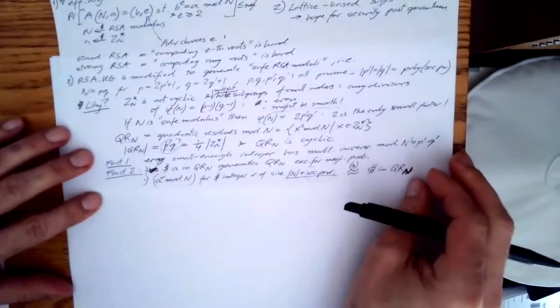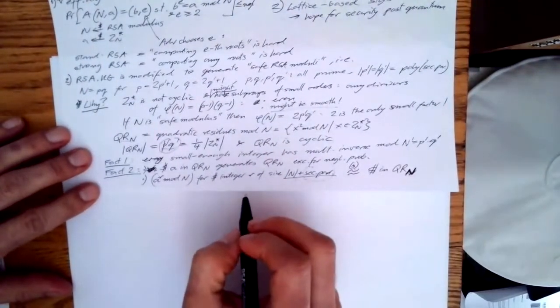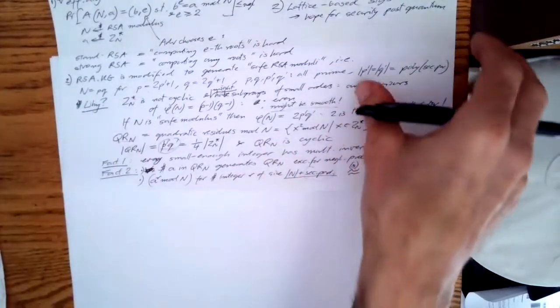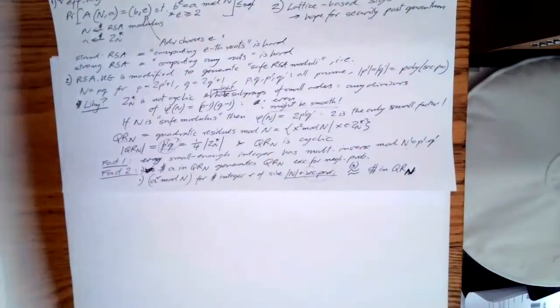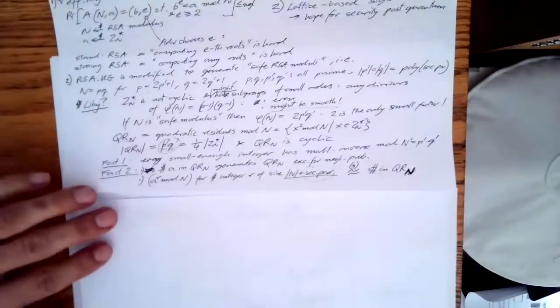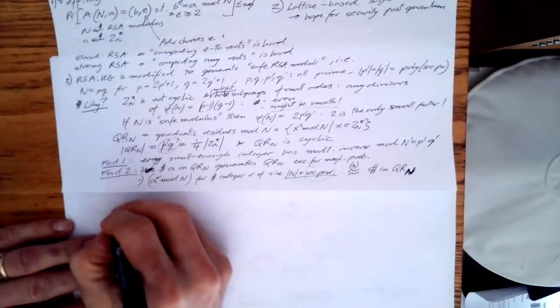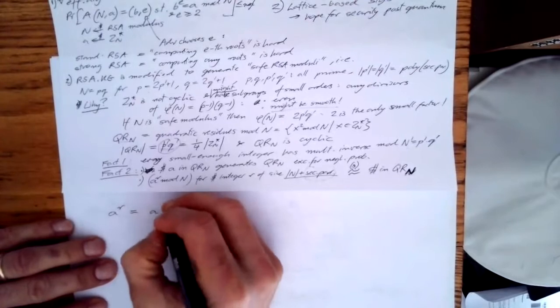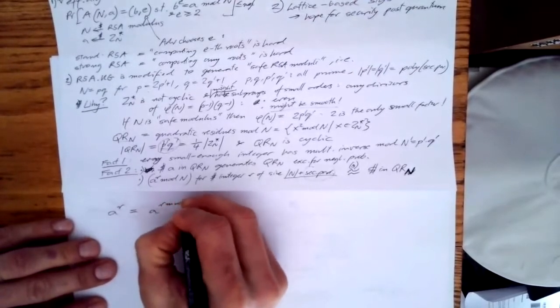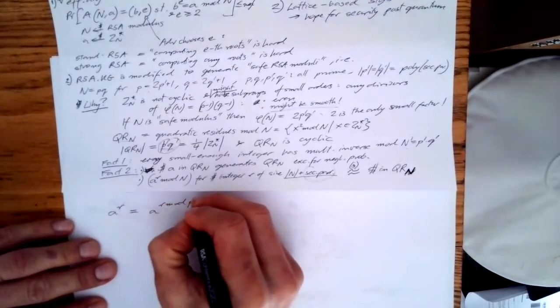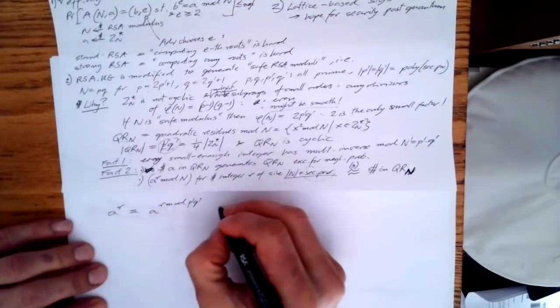Professor, I don't think I get the last part. Why is it almost uniform? Okay, so a to the r is a to the r mod p prime q prime, mod n.